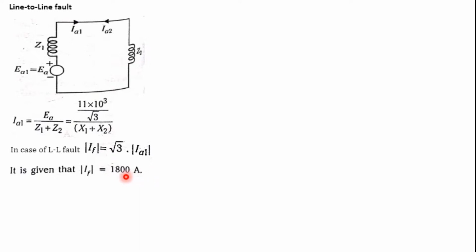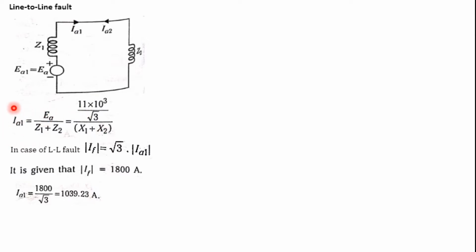Substitute this 1800 amperes here, so IA1 becomes IF divided by root 3. IA1 is nothing but 1800 divided by root 3. We will get 1039.23 amperes. Substitute this 1039.23 amperes in this equation.